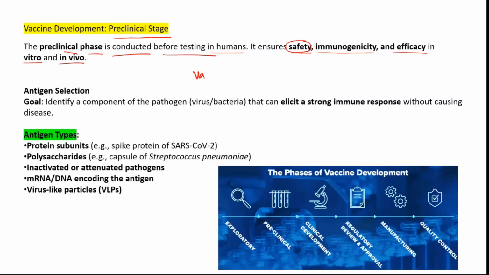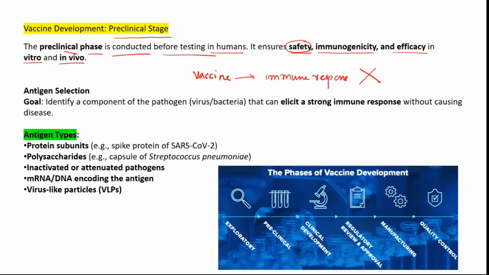Whenever it is introduced into the body, it should be able to generate an immune response. If it is not able to, you can term it non-immunogenic. It means it is not capable of generating an immune response. So this vaccine will not be regarded as an efficient vaccine, because ultimately your body should be able to recognize the antigen present in the vaccine and react against it.